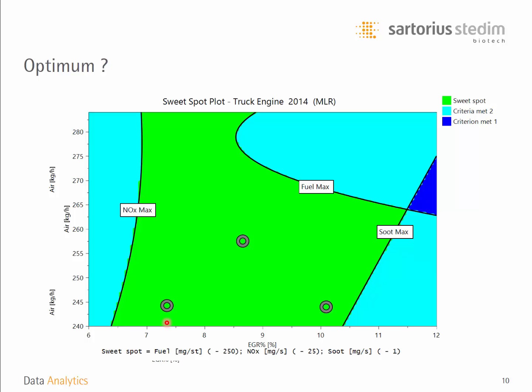And another thing that is often overlooked or ignored in the context of optimization is what we call the safety margin.